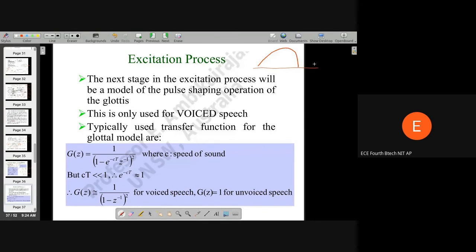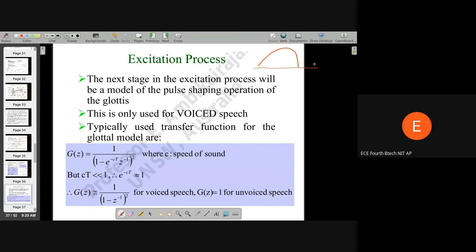And these windows, if you look in the frequency domain, have low pass filter characteristics. The windows that we discussed, whether rectangular, Hamming, whatever, have a main lobe near frequency 0, and then side lobes which are very, very small. This is a characteristic of a low pass filter.